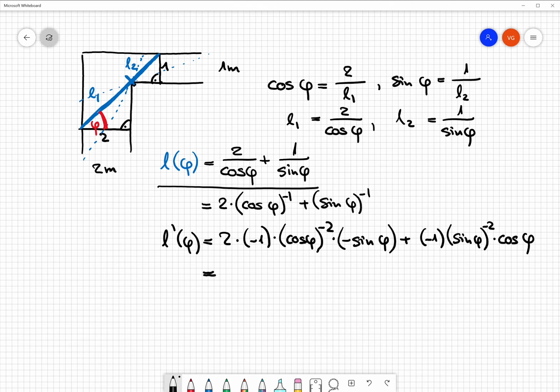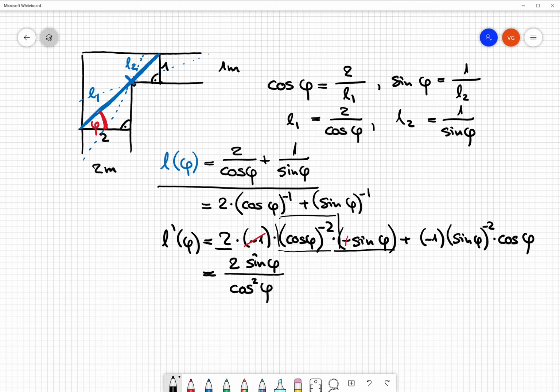This can be rewritten, first of all, minus 1 times minus 1. We have in the numerator 2 times the sine of phi, and this cosine to the negative 2 can be rewritten in the denominator. It is just cosine squared of phi.